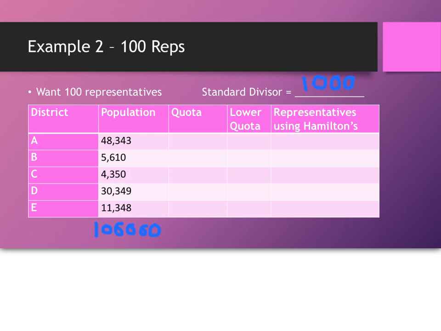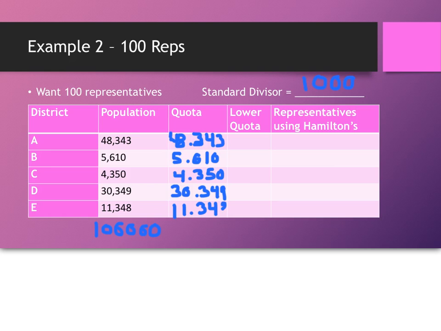Now, if we take 1,000, then it's fairly clear that our quotas are 48.343, 5.610, 4.350, 30.349, and 11.348.